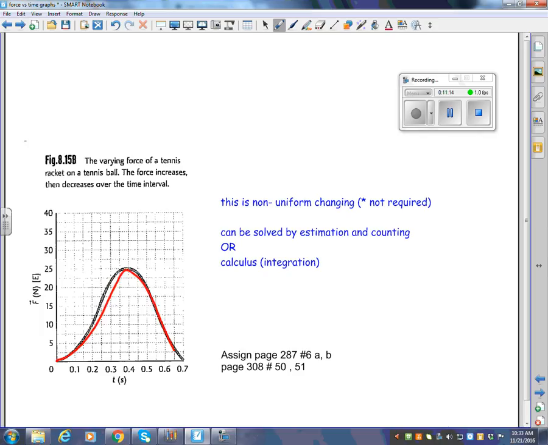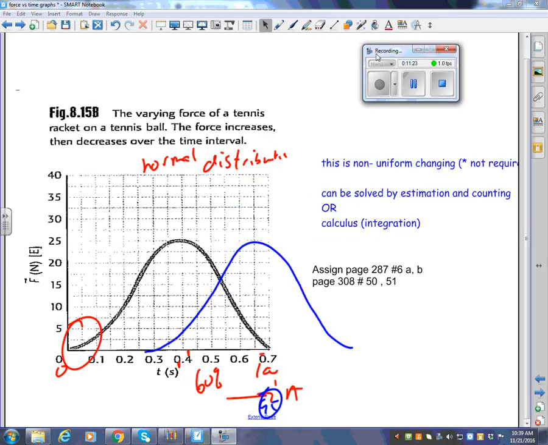Did you take some stats? Anyways, generally, the graphs are not those nice, neat triangles. Generally, they're going to be curvy like that, okay? So this is actually more real-life varying force of a tennis ball. This is non-uniformly changing. I'll not be requiring this.